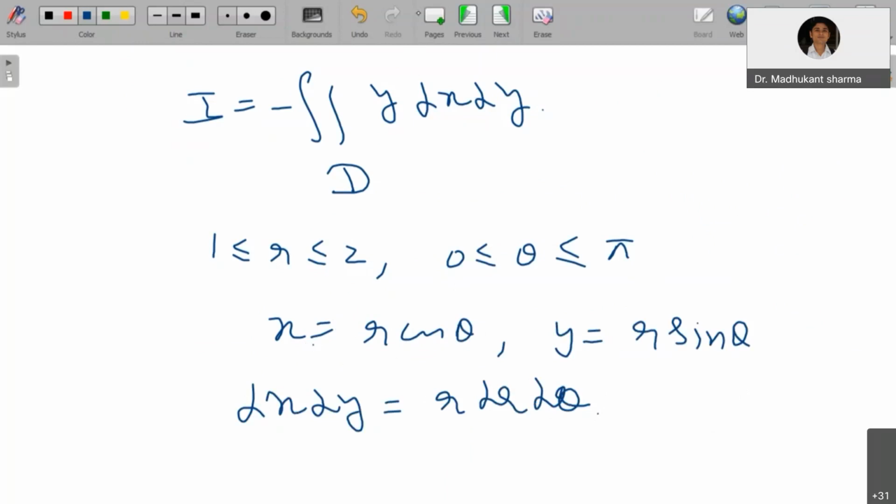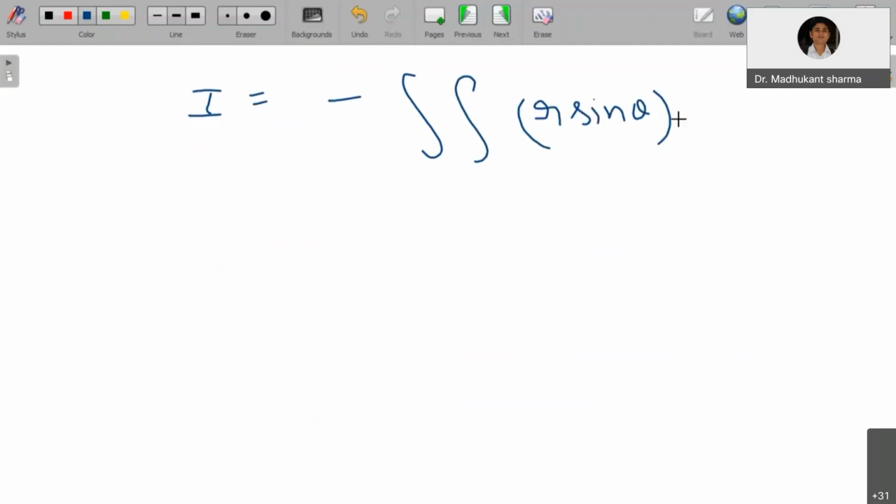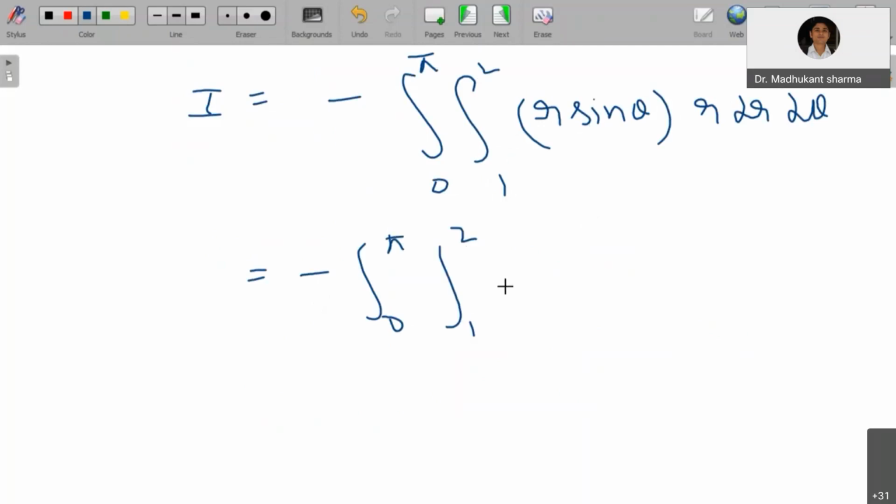Therefore I equals minus integration, y is r sin theta, dx dy is r dr d theta, r limit 1 to 2, theta limit 0 to pi. So this equals minus integration 0 to pi, integration 1 to 2, r square sin theta dr d theta.